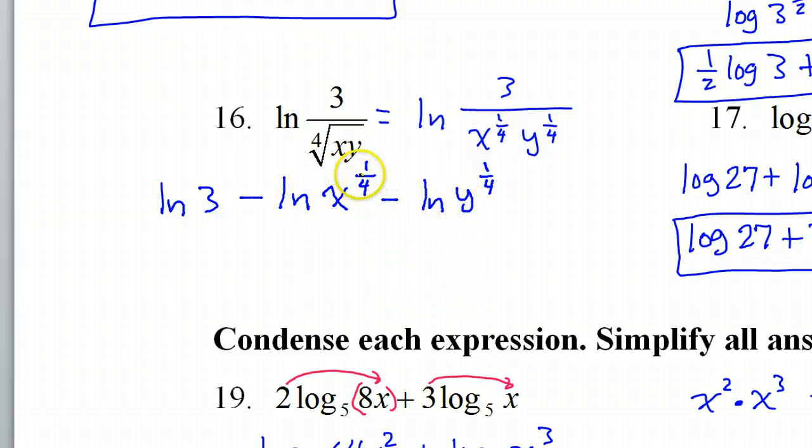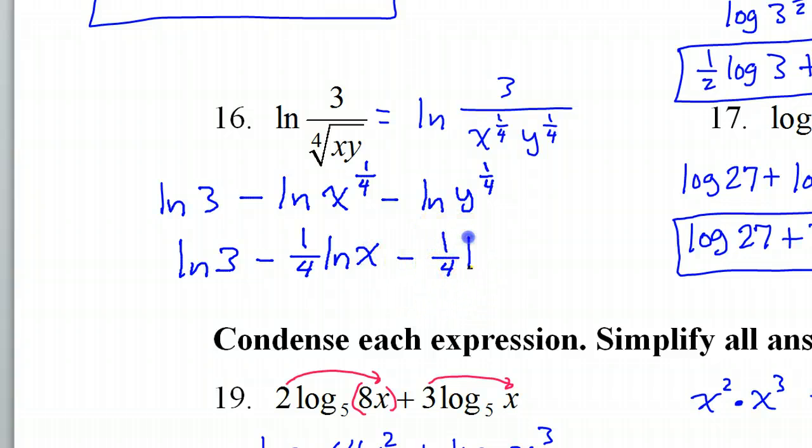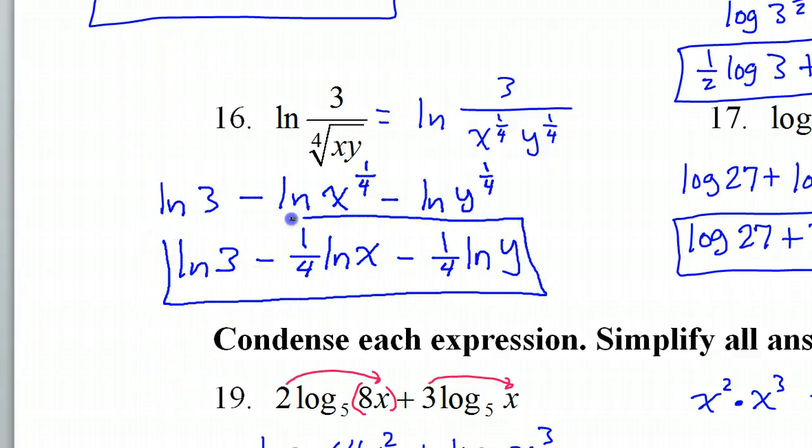Now all I have to do is take these exponents and drop them in the front, and I'm done. So this is going to be natural log of 3 minus 1/4 natural log x minus 1/4 natural log y. So that will be the final answer for number 16.